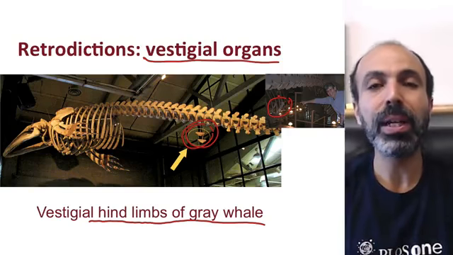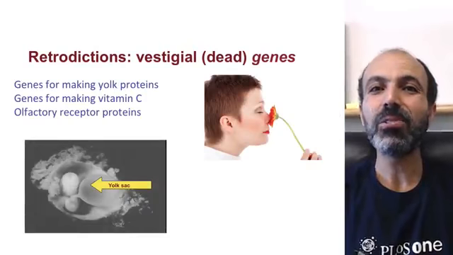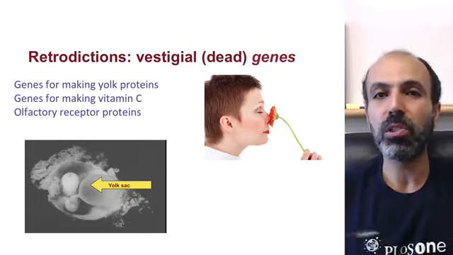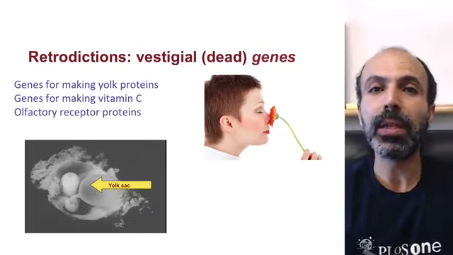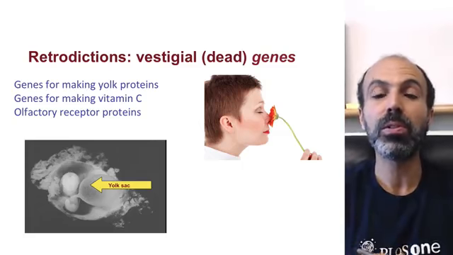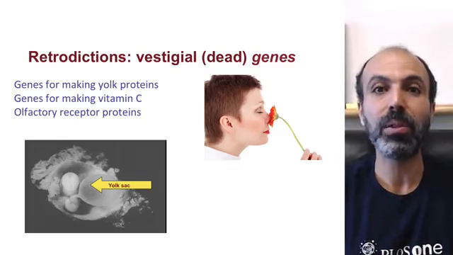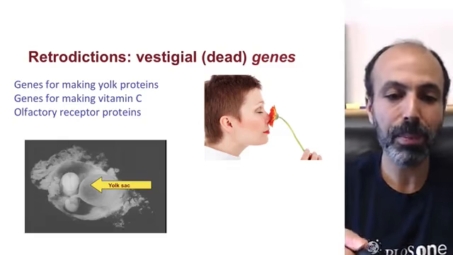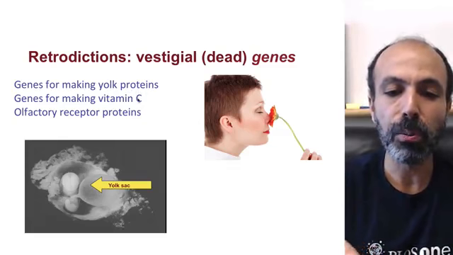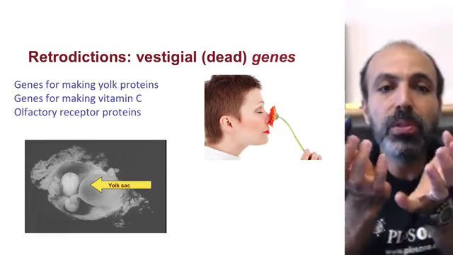Another example related to vestigial organs is vestigial genes. These are genes that we see in our genome or the genomes of other species, but they don't work. They actually have some sort of disruption, so they don't actually produce the proteins or the structures that they do in other taxa when they're normally functioning. So one example here are the genes for making yolk proteins in mammals. Mammals, as you know, don't produce actual yolk.